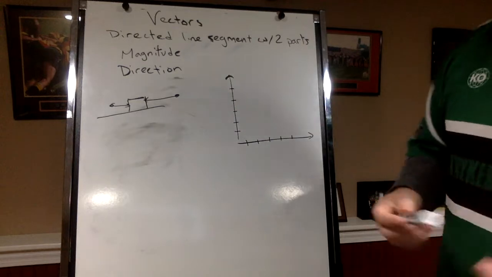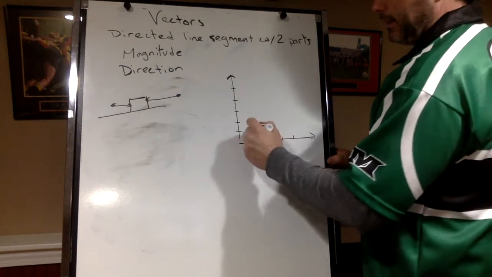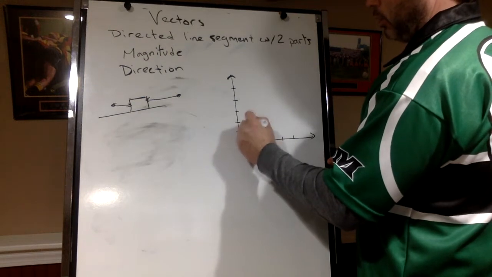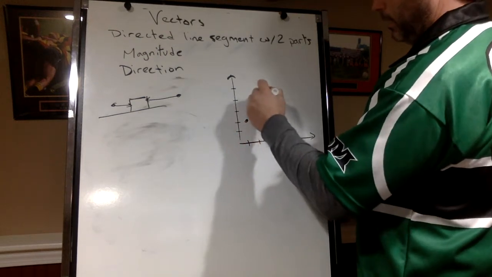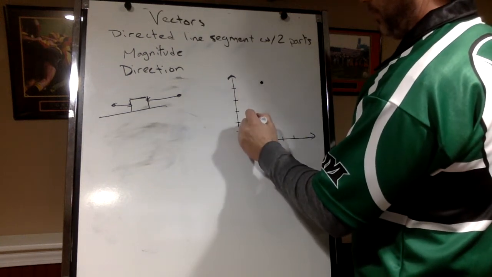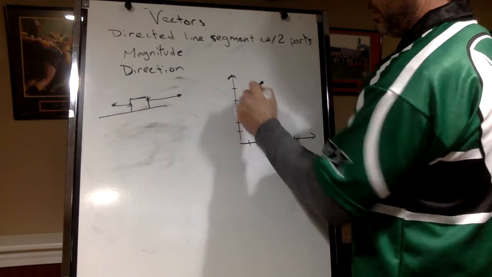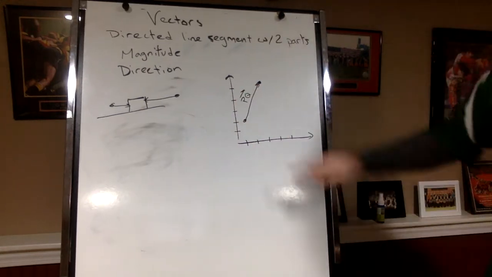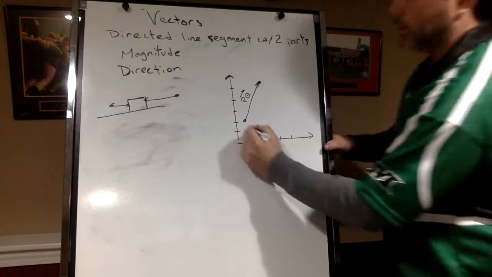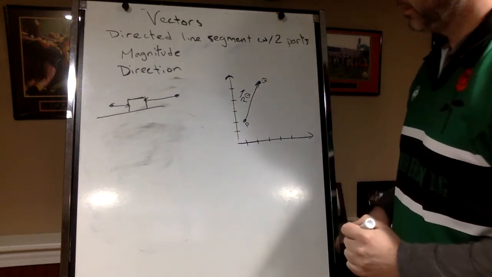All right. So we can put these on a coordinate plane, and I'm going to stay in the first quadrant. Let's say we start here at 1, 2, and we'll go up to 3, 5. We'll call this one PQ. And notice we got the arrow going from P to Q. So therefore, this is P, this is Q. All right?